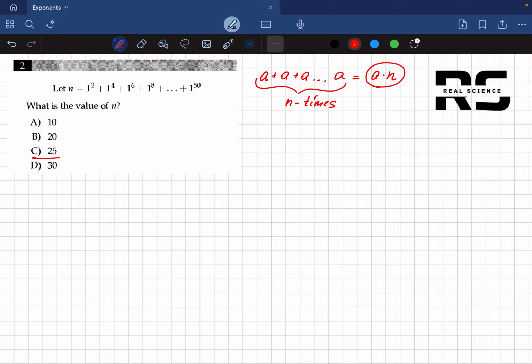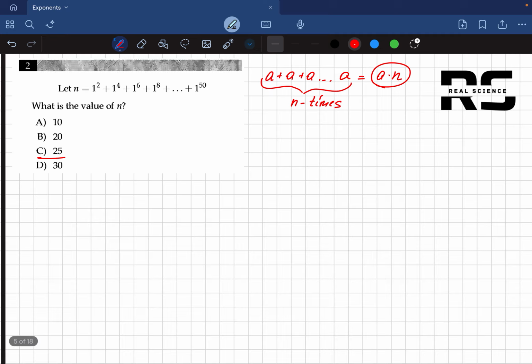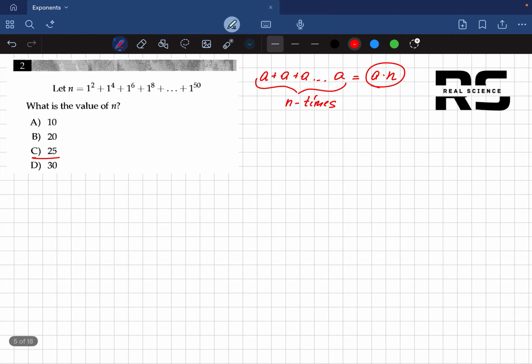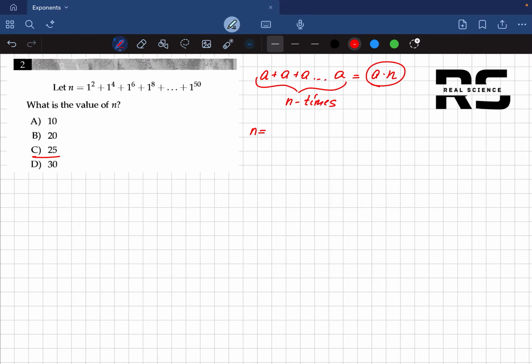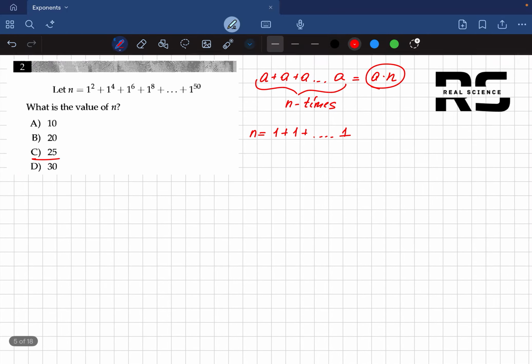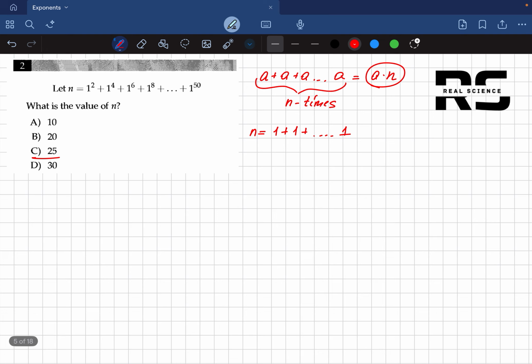So basically we multiply a by how many times we add a. So in this case, 1 to the power of 2 is basically 1, 1 to the power of 4 is basically 1, and up to 1 to the power of 50. The question is, how many times do we add 1?